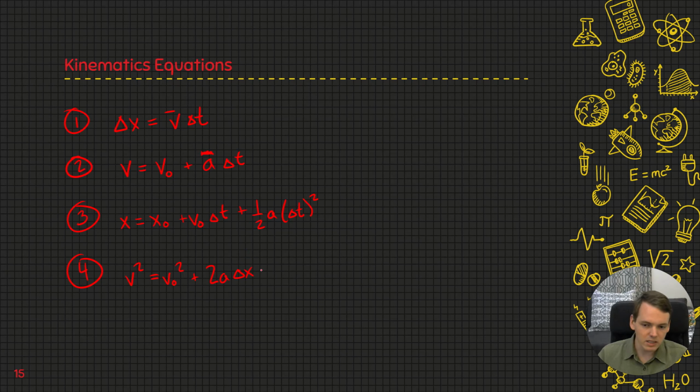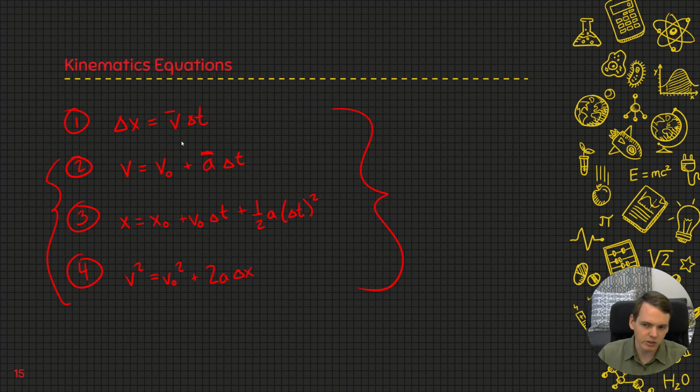And again, technically these a's are only true if they're talking about the average acceleration, but we've left it off because, again, that's the convention of how the AP test handles it. But these are the 4 kinematics equations. They're the ones that we'll be looking at. These bottom 3 are on your equation sheet.